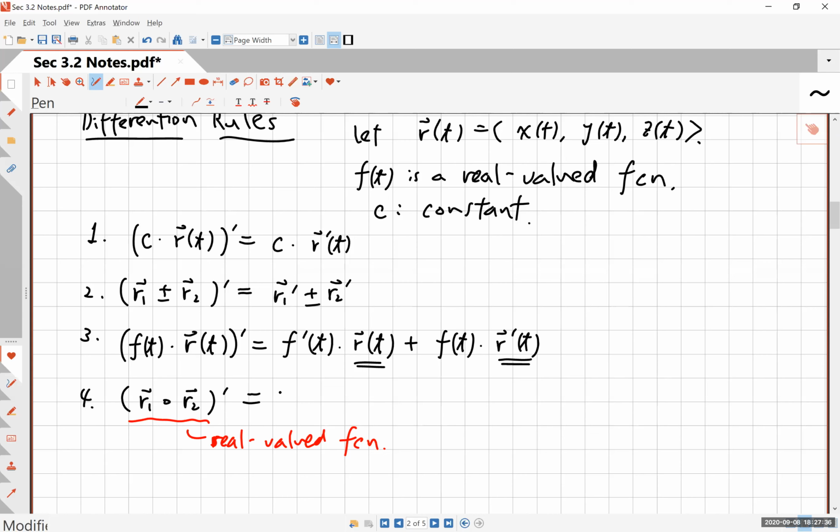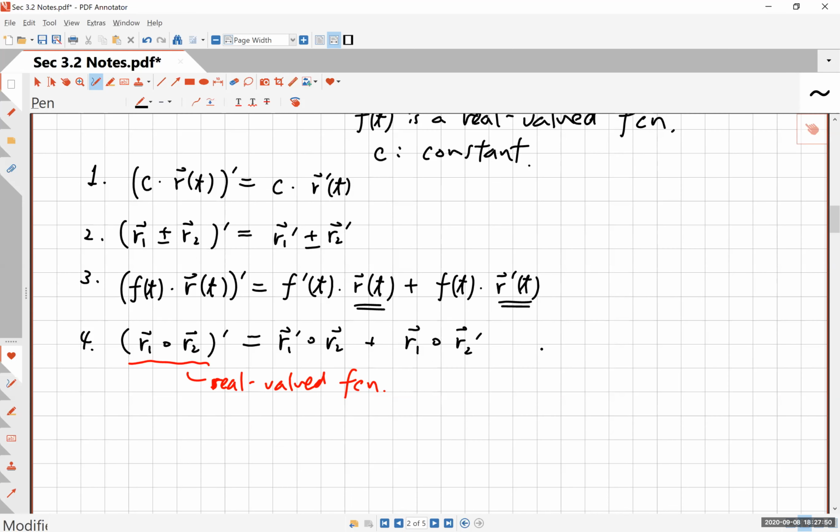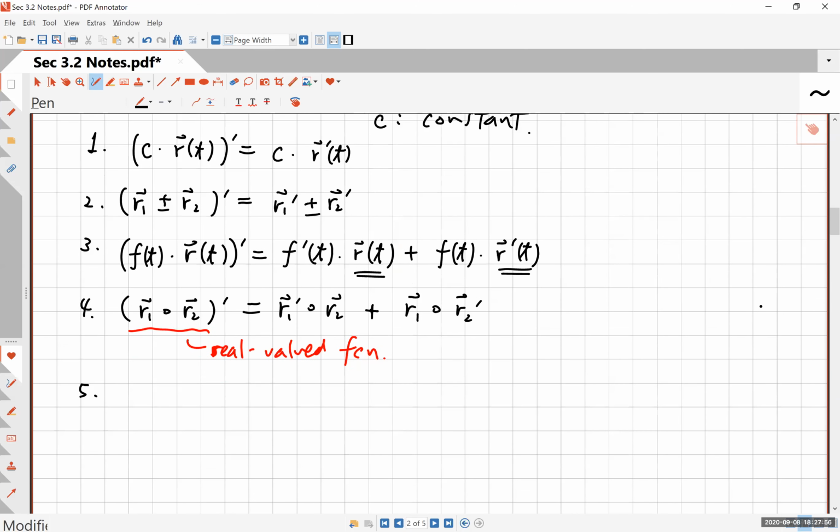And again, you may have guessed it. It's the derivative of the first dotted with the second plus first dotted with the derivative of the second. Is that really true? Yeah, it turns out to be true. And again, this is a real valued function because you have a dot product plus a dot product. Okay, so this is also a product rule.